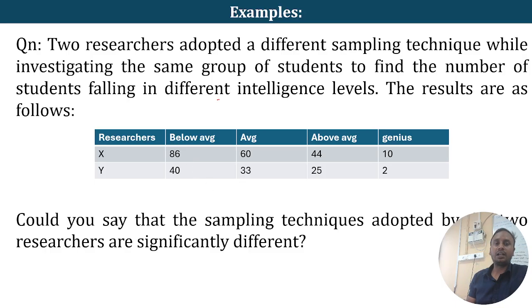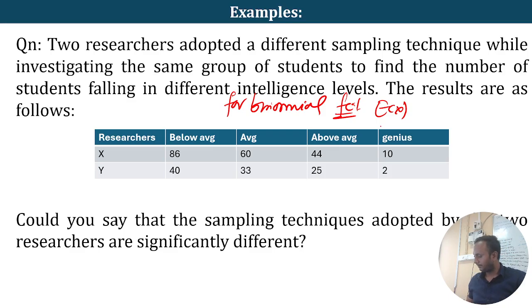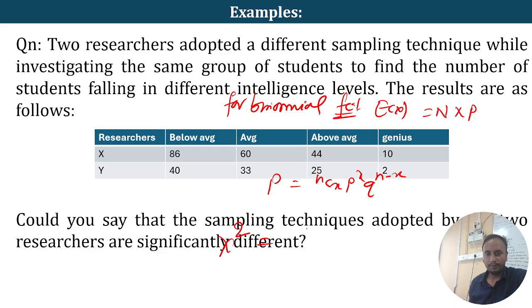Okay, so I'll talk about the binomial fit. We all know the value of P. So the expected value will become N into P. Everything is the same; what we have done for the chi-square is the same: summation of FO minus FE whole square upon FE.